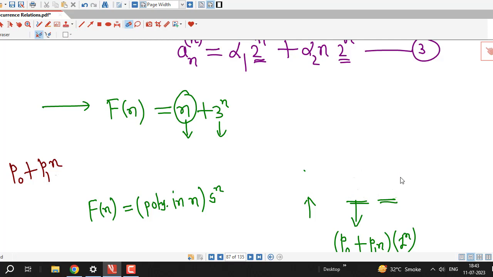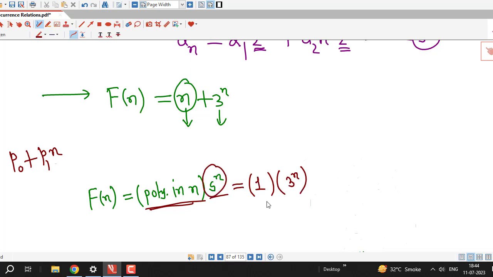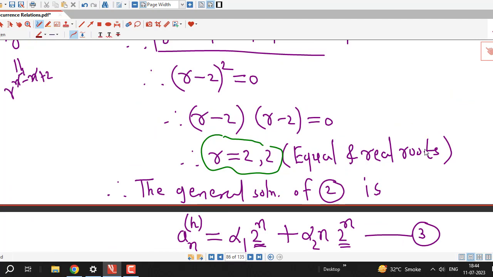Similarly, we have to decide the trial solution corresponding to 3 raised to n. So now I will write 3 raised to n in this form. If we compare with polynomial in n into s raised to n, then we can see here I have 3 raised to n, it is in this form, so we can assume here 1. That is, we have a constant polynomial into s raised to n where s is equal to 3, and we check whether s equal to 3 is a root of the characteristic equation or not.